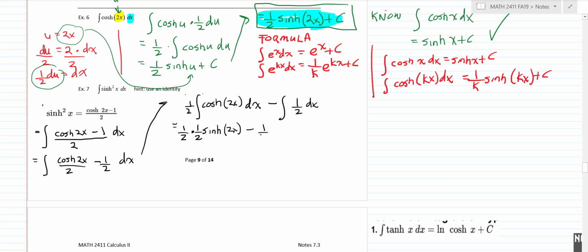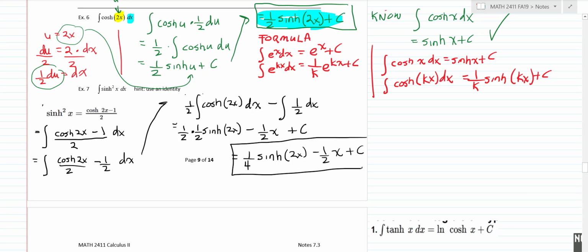Well, that would be 1/2 x, and then plus c. Then you can go through and clean this up. So what we'd have is 1/4 times the sinh of 2x minus 1/2 x plus c would be a good way to write that integral in its solution. All right, that's it.